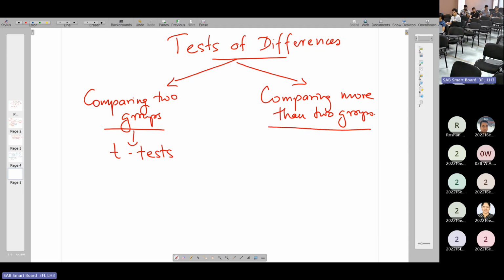If you are going to compare more than two groups, you perform something called one-way ANOVA. ANOVA stands for analysis of variance. T-test, there are three kinds.